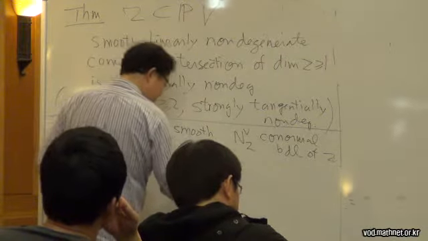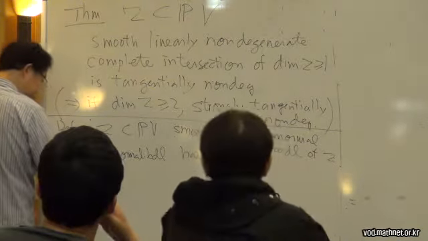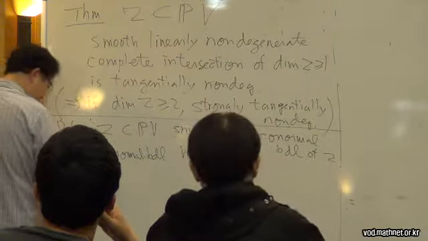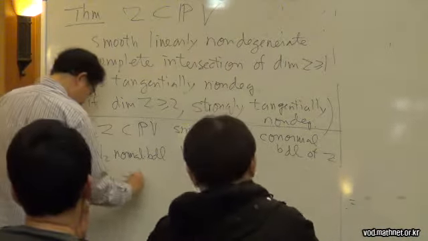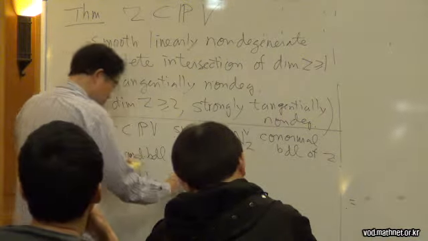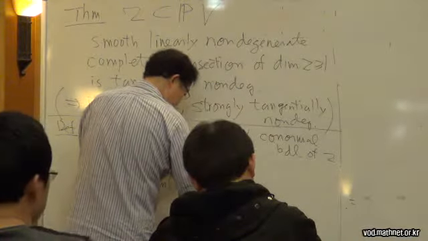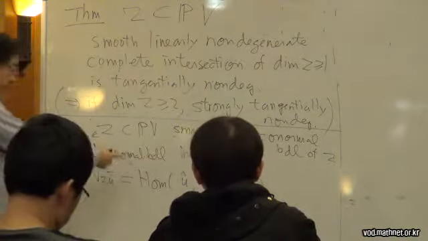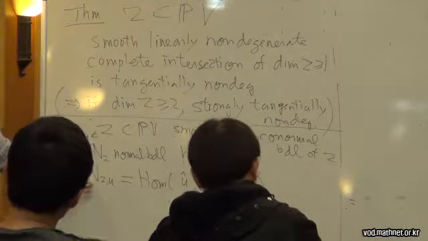Let's just recall this. What was the fiber of the normal bundle at a point? The fiber of the normal bundle is just homomorphisms from U hat to V modulo U hat, the quotient space. This is the fiber of the normal bundle.